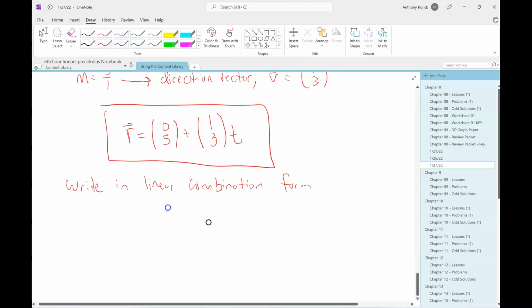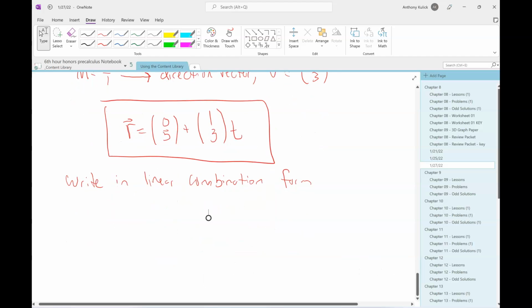So reminder again, linear combination form is that thing with the i's and the j's. So if I take this, that first vector becomes 0i plus 5j, and my second vector would become 1i plus 3j.